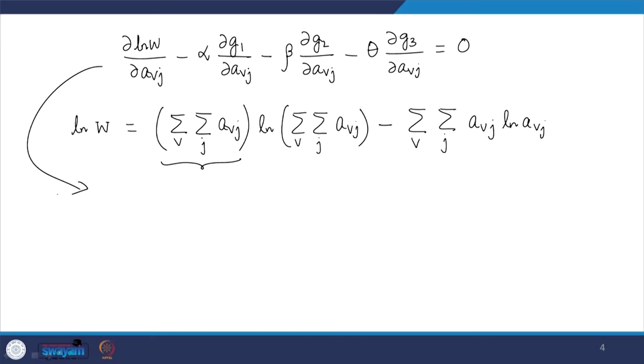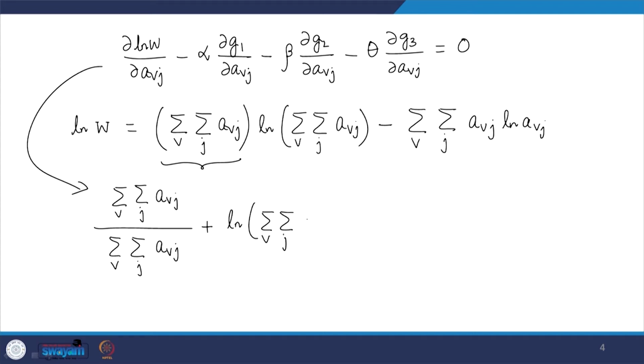So, therefore, if I use the maximization formula, what do I get here is summation of V, summation of J, A_VJ divided by summation of V, summation of J, A_VJ, that is when I take a derivative of the ln term, plus ln of summation of V, summation of J, A_VJ multiplied with 1, because again the derivative will apply to only one term in the summation that corresponds to the particular value of A_VJ.